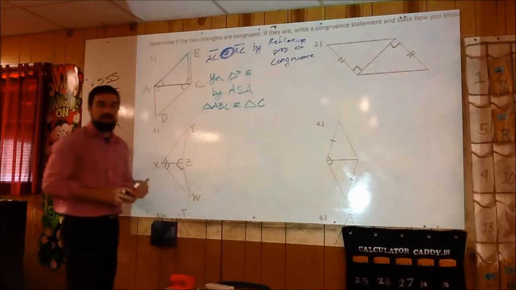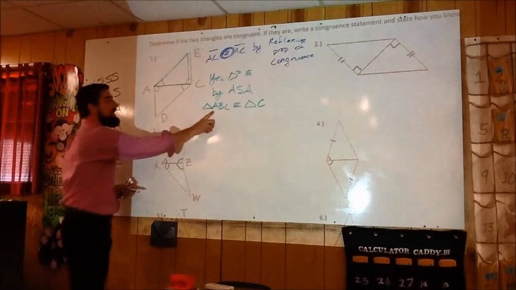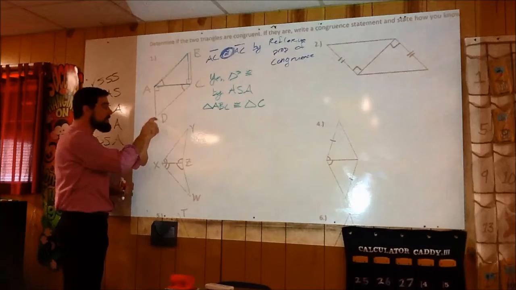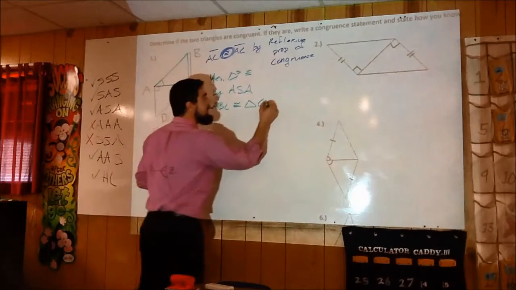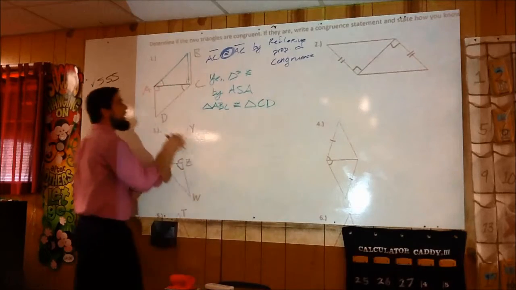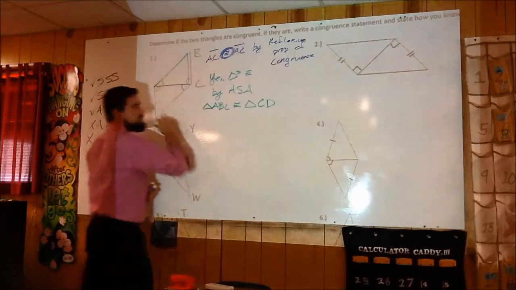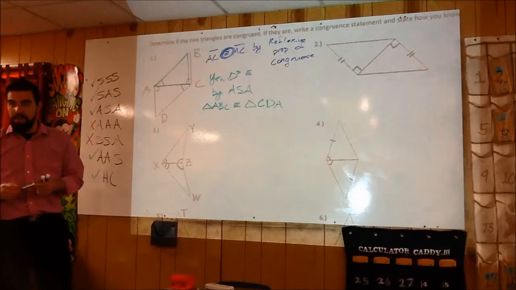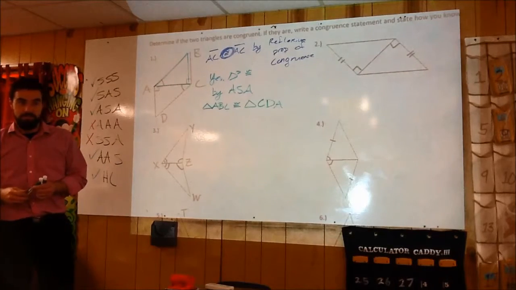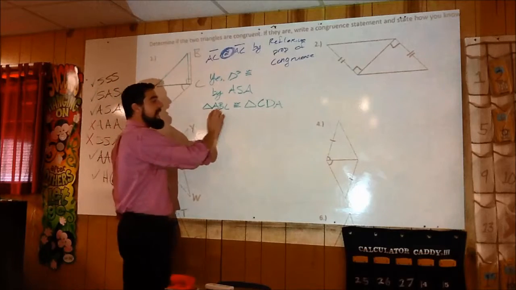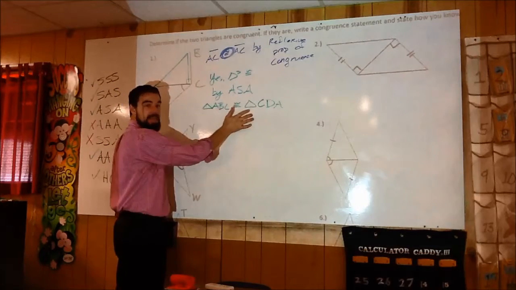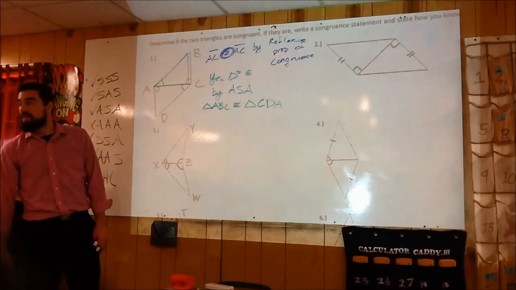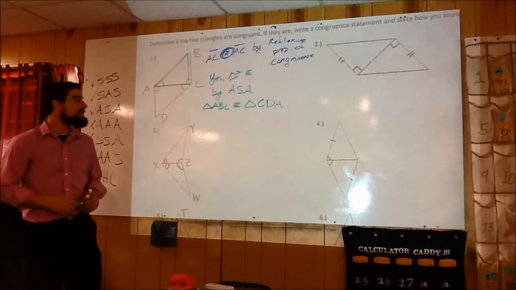So that's why I know that C must be matched up with A. And then B is corresponding and congruent to angle D. And then the two right angles. Letter order matters. So as long as your A is being matched up with C and B is being matched up with D, your triangle congruent statement is correct.